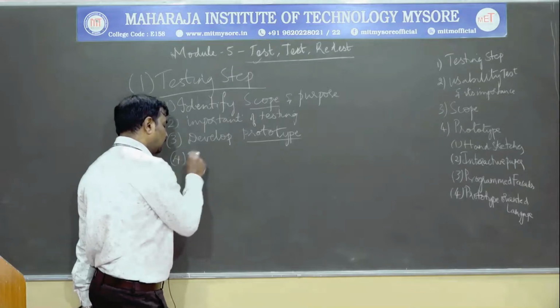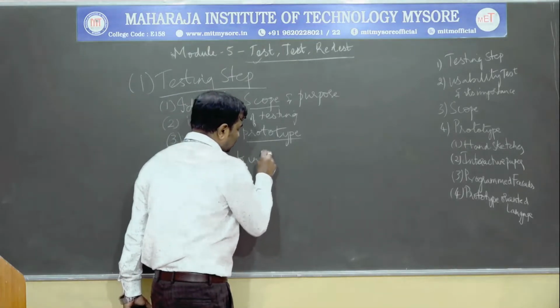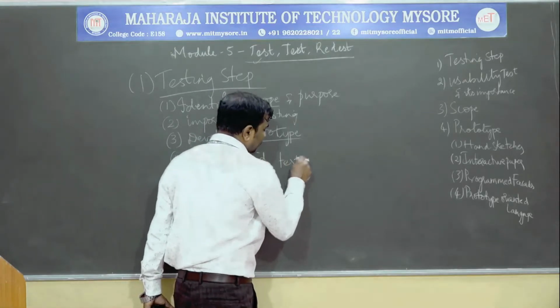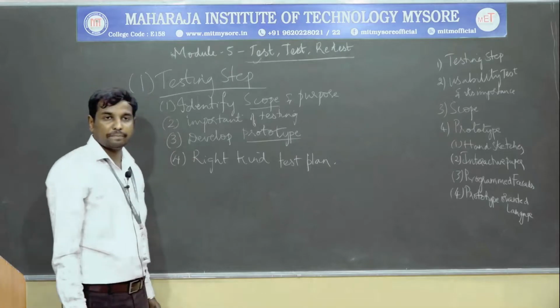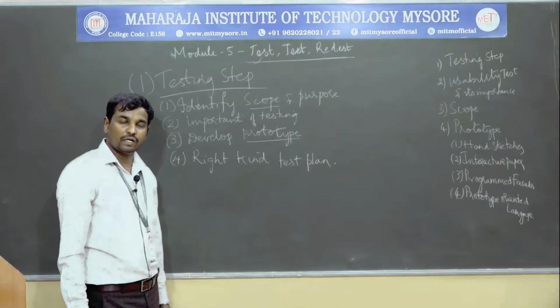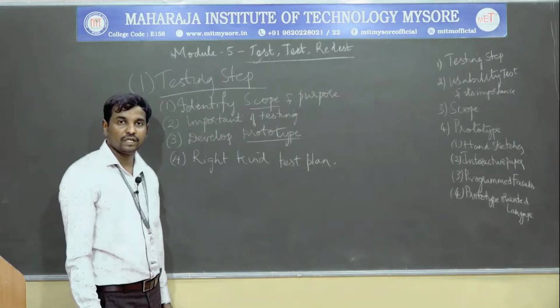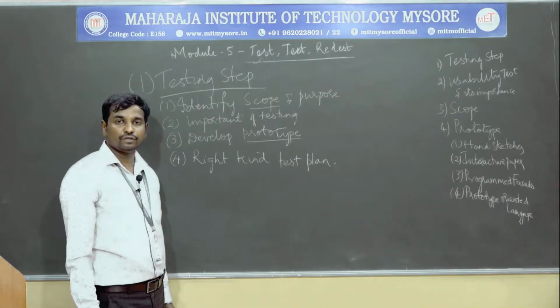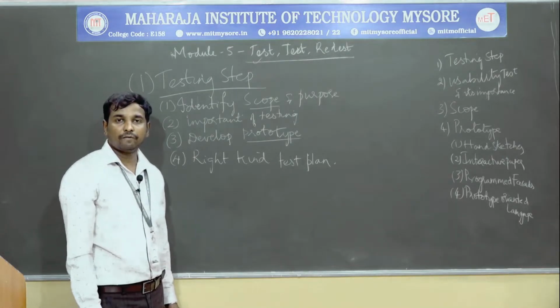Without planning we can't perform testing. For example, after analyzing the size of the windows and the components of the windows, we need to provide various test plans for each component of the window.